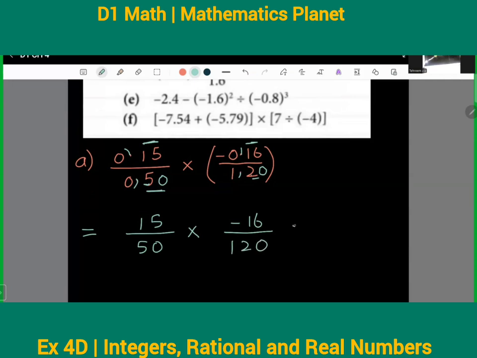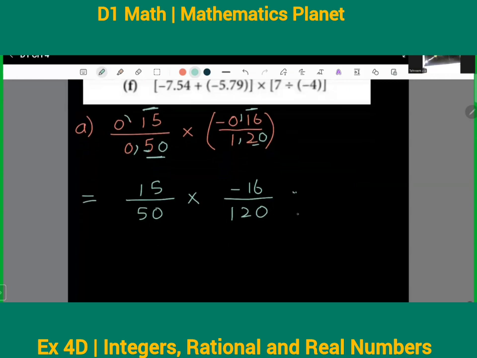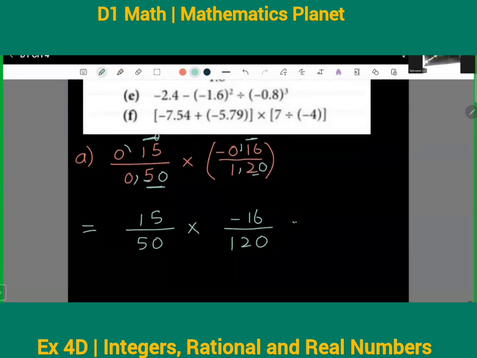All of you can understand this step? Can you please make me sure if you are able to understand this step? No, miss, I don't understand the first step you did with 0.15. See, you can see that this is unit, this is tens, so the decimal is coming after two places.